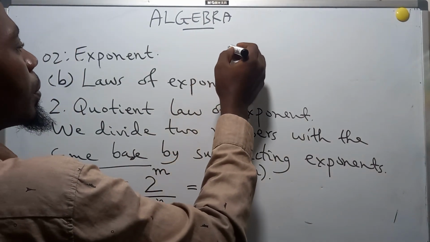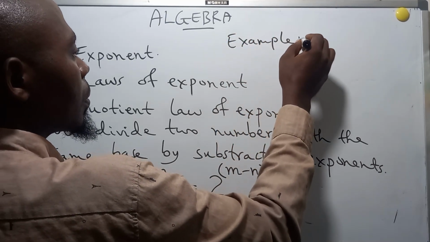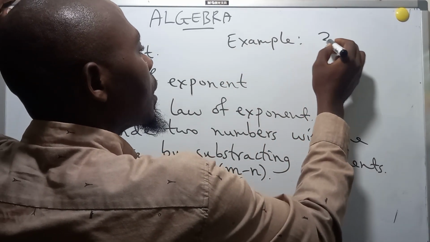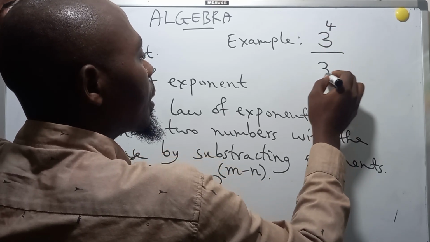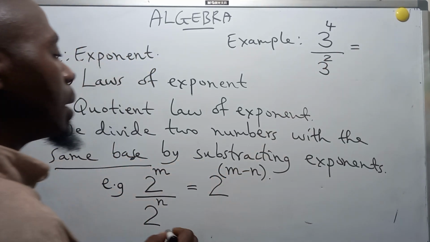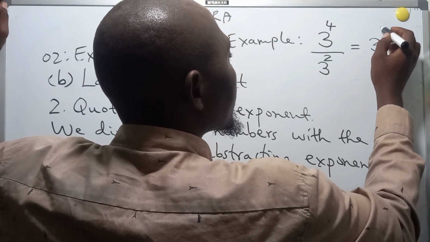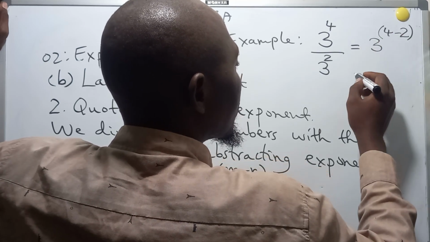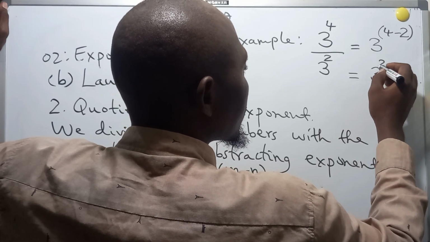For example, 3 raised to the power of 4 over 3 raised to the power of 2 is equal to 3 raised to the power of, in brackets, 4 minus 2, which is 3 raised to the power of 2.